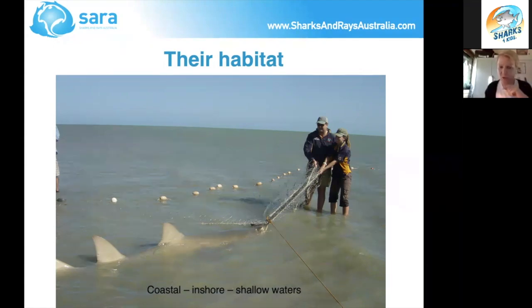And it was 4.5 meters long, and we caught it in less than a meter of water depth. And so because these animals inhabit these coastal inshore waters, what it means is it makes them extremely susceptible to human change. So when we modify coastal areas, when we modify their habitat, it means that they will disappear from there very often.